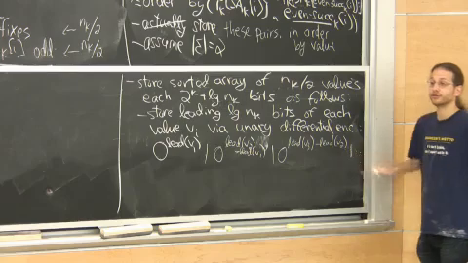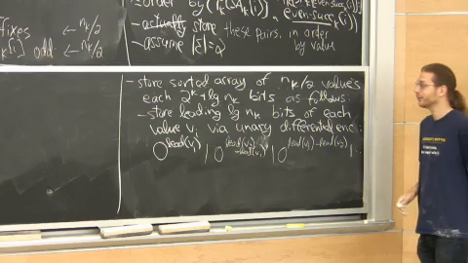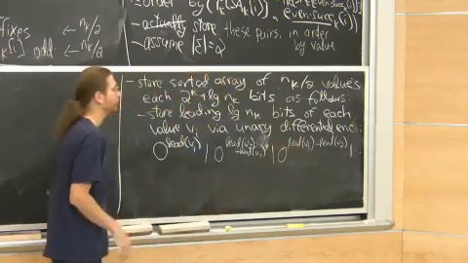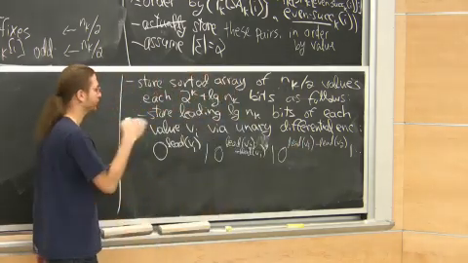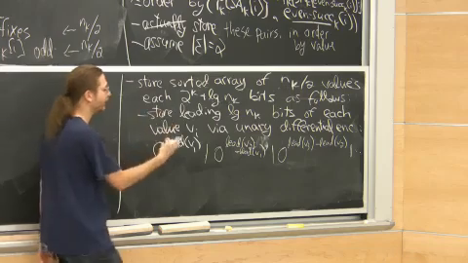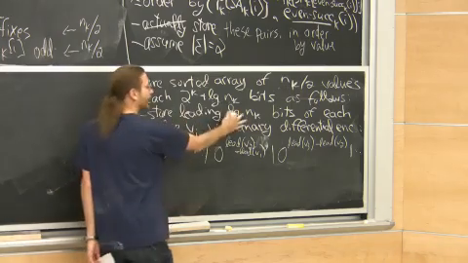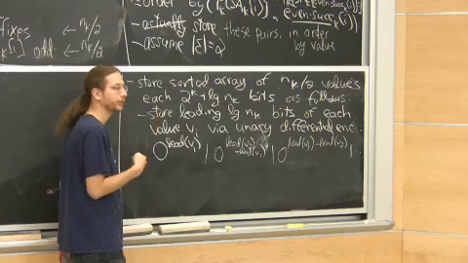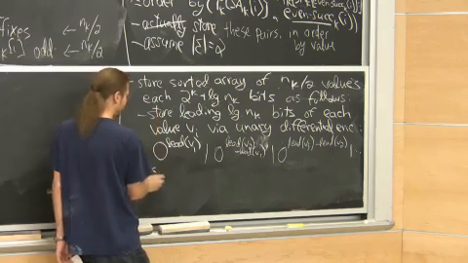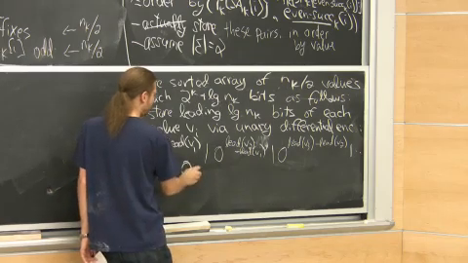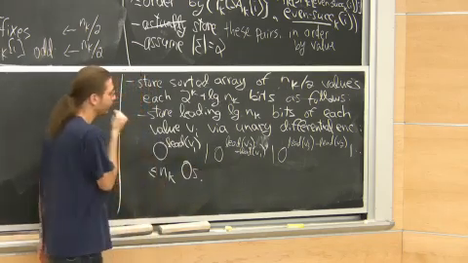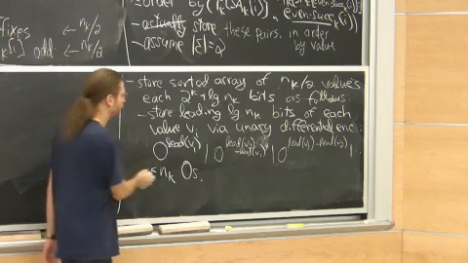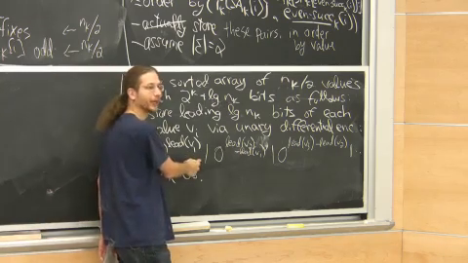I claim this is small. Looks kind of crazy, but it's small. Because how many zeros are there total? Well, at most nk zeros. Because I start at the value 0, and with log nk bits, at most I get up to nk minus 1. So the number of times I increment is at most nk. How many 1s are there? Well, there's one 1 per value.